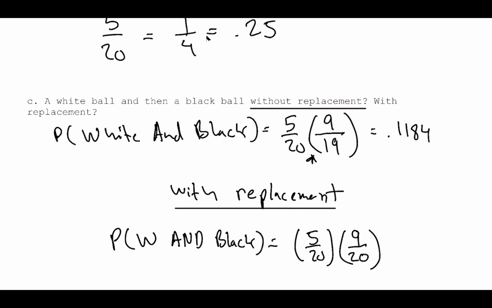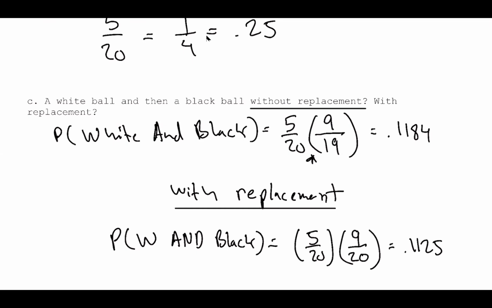So we do 5 out of 20, multiplied by 9 out of 20, and that should be our answer. So for this one, you get 0.1125. And that will be your answer for C.